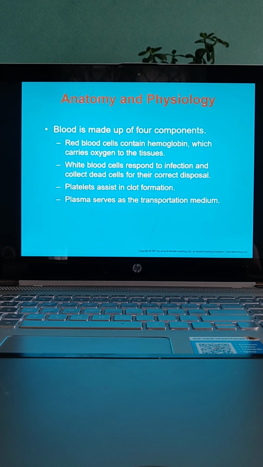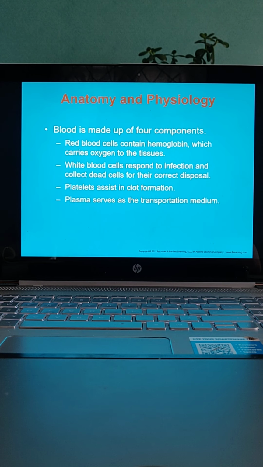And the platelets are sticky little suckers that help create clots in good times and in bad. So platelets make up about 4 to 7% of our blood volume. Okay, red blood cells make up about 42 to 47% of our total blood volume.